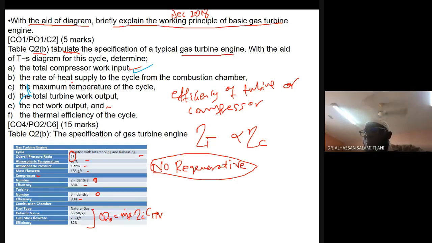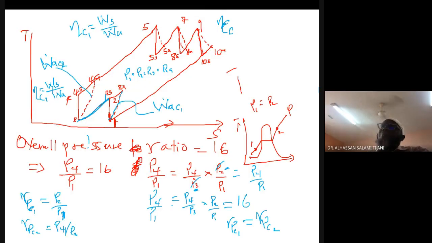The heat supply to the combustion chamber is the amount of heat added to the system. It does not start from here. The actual heat starts from 4A until it goes to number 5.